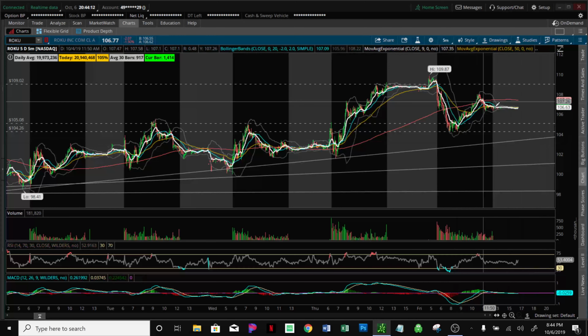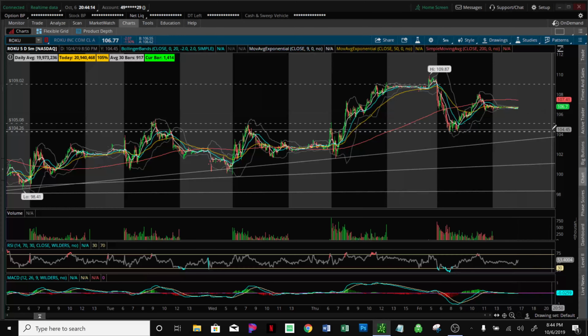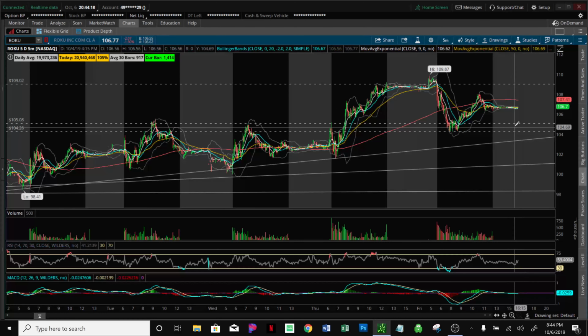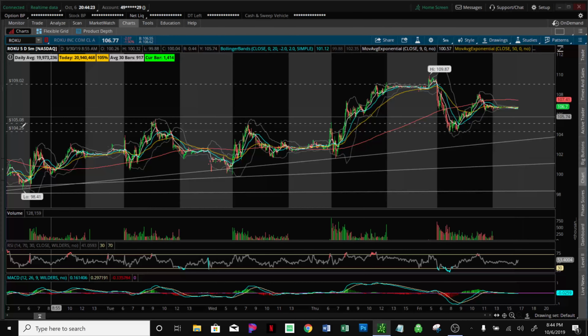So you get a nice move down into that trend line, into this 104.26 area, or if it takes a little longer to develop, maybe the 105 range here. And that's how I would trade this, on a day trade.